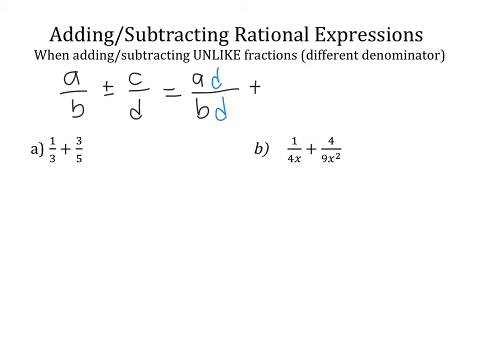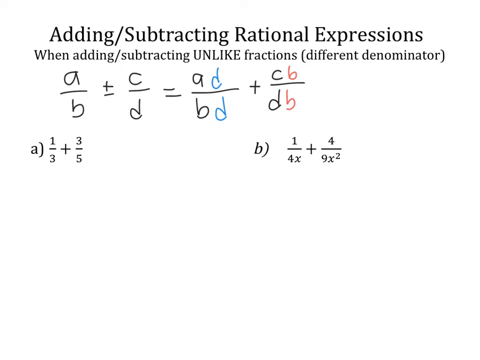Plus, I have c over d again. But I want to multiply this now by b to get a b there. Since I'm multiplying by the same thing on both top and bottom, I'm essentially multiplying by 1, but it changes the way my fractions look. So now they have the same denominator. BD is the same as DB, right?